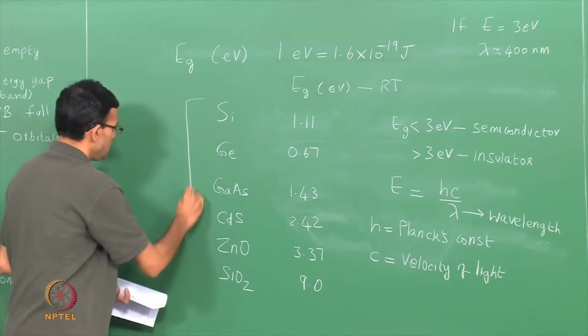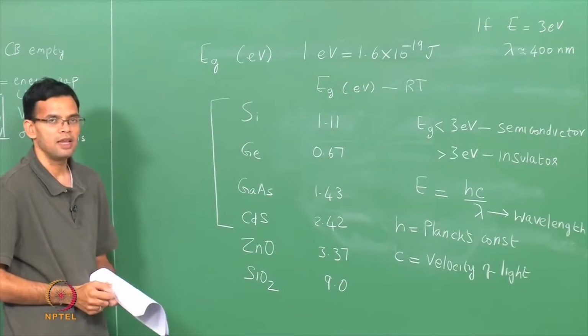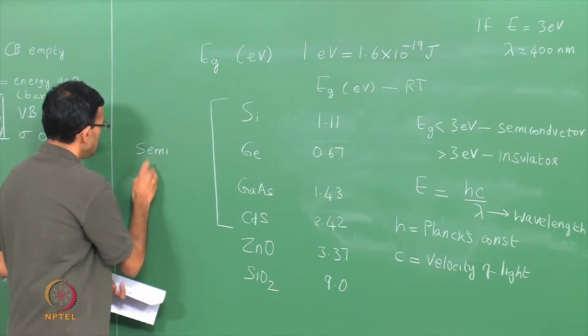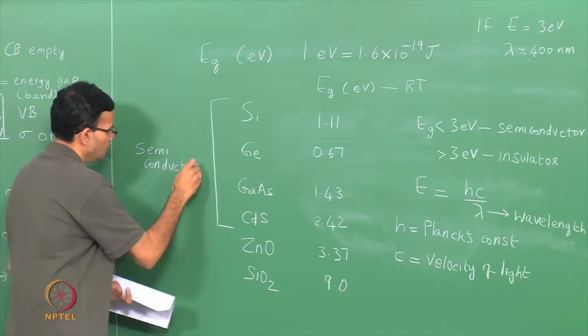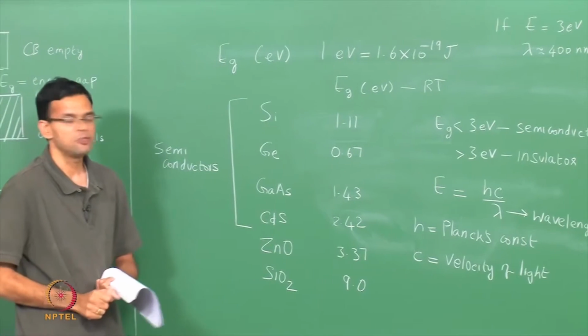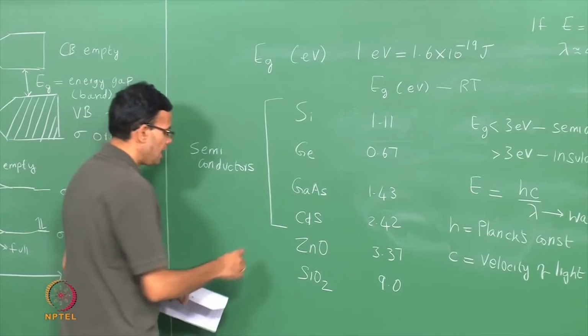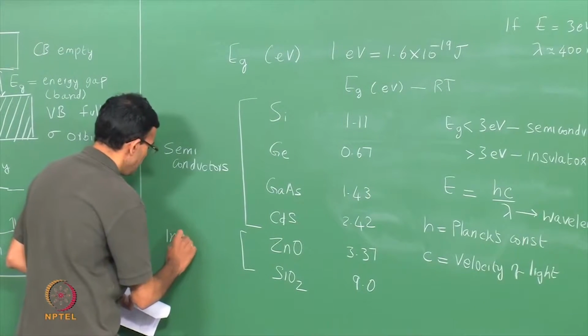Based upon this, all these materials, silicon, germanium, gallium arsenide, cadmium sulfide, are semiconductors. Zinc oxide is close to this value of 3, but it is on the higher side, and silicon dioxide is much higher. So, these are considered to be insulators.